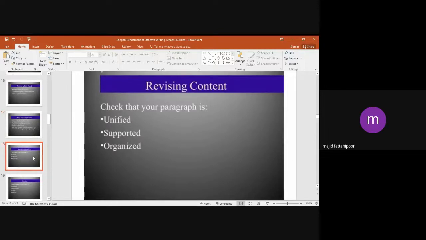About the content of revising, what do you want to revise in your paragraph? First of all, you check whether it is a unified paragraph. Unified means all parts of the paragraph are talking about one thing and not two or three different things. They're all talking about the topic sentence or supporting the topic sentence. The second point is whether it is well supported or not well supported.